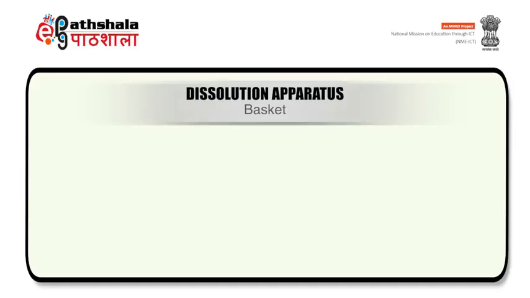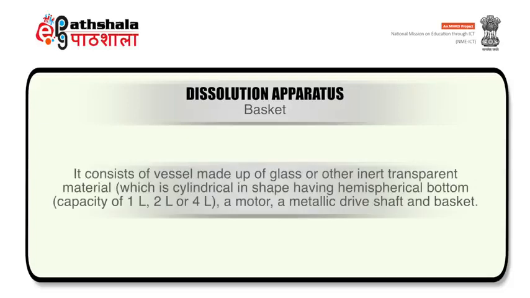So a very important one is the type 1 apparatus, that is the basket apparatus. This apparatus consists of a vessel made of glass or other inert transparent material, which is cylindrical in shape and has a hemispherical bottom, and its capacity is 1 liter, 2 liter or 4 liter. A motor, a metallic drive shaft and a basket are there in this apparatus.